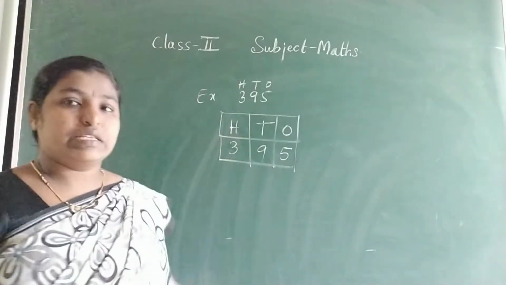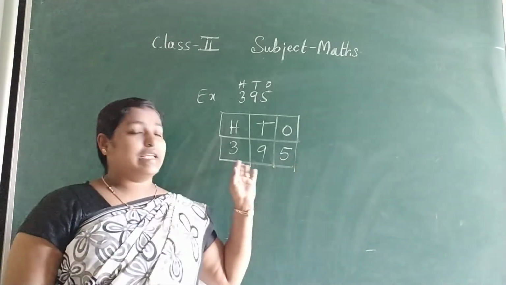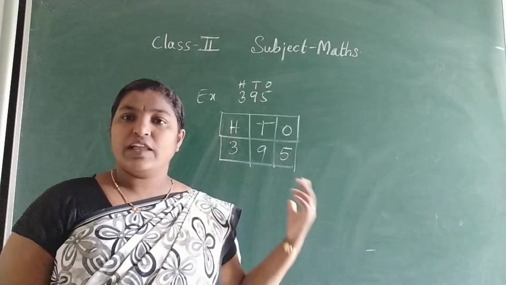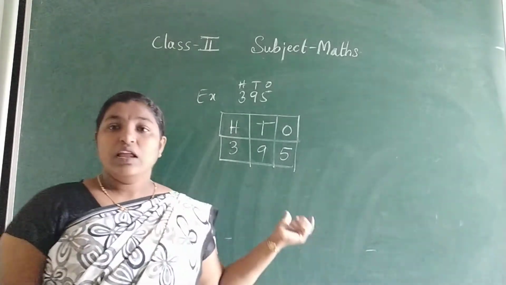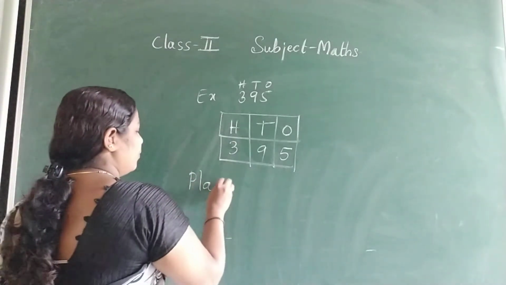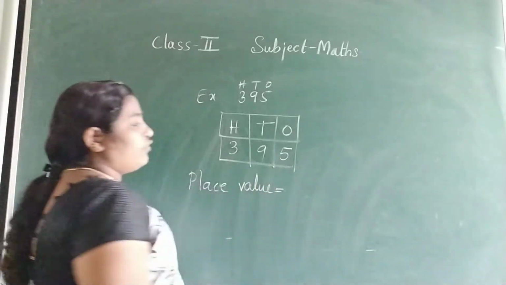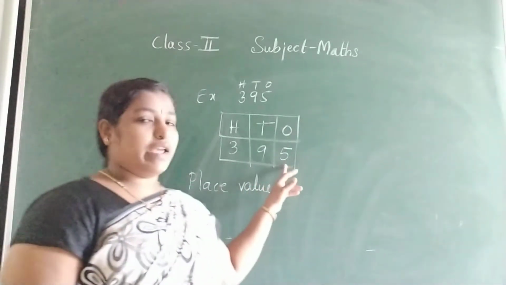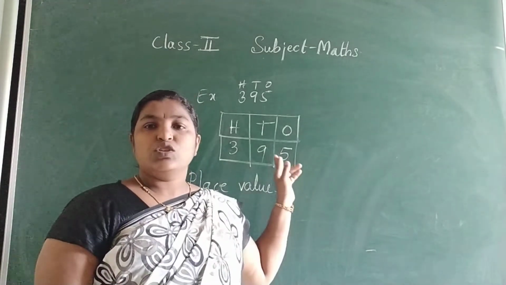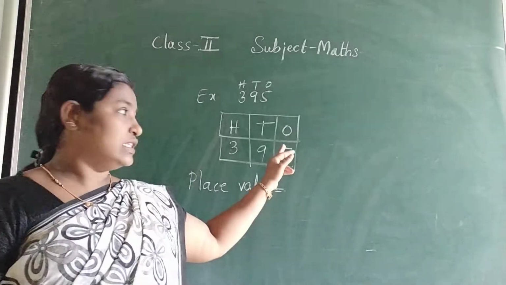Next, we discussed place value. These are the places of the number, and now we should think about the place value of each digit. What will be the place value of 5? How do we decide the place value? The number should be multiplied with its place.